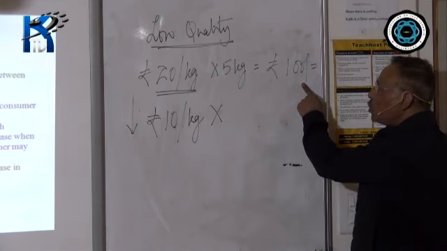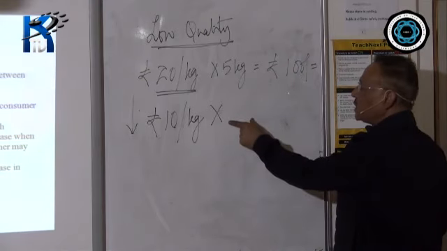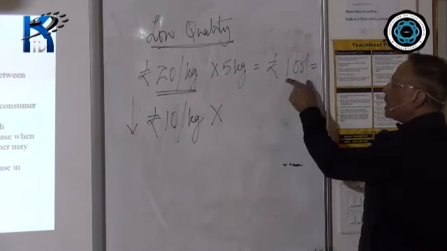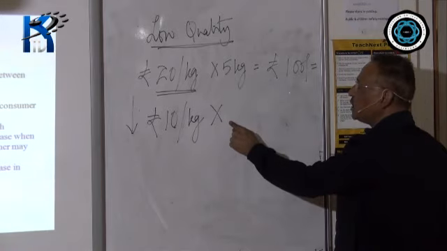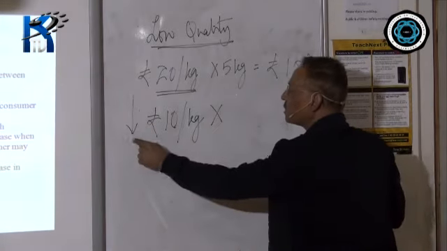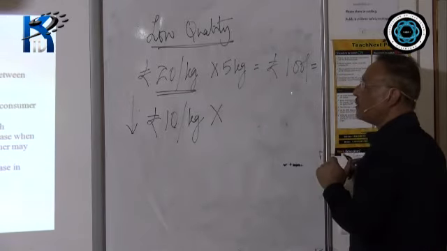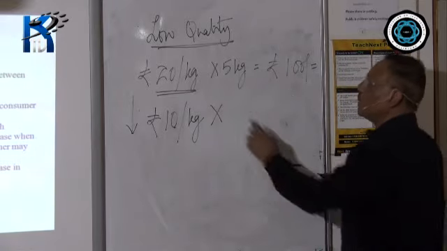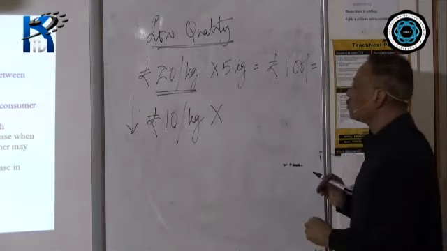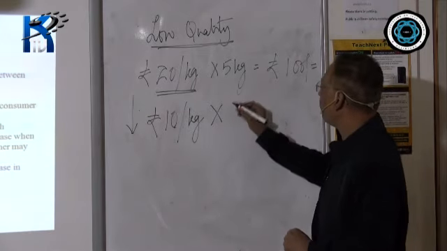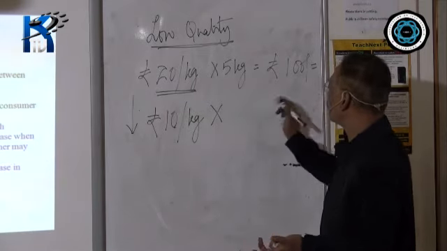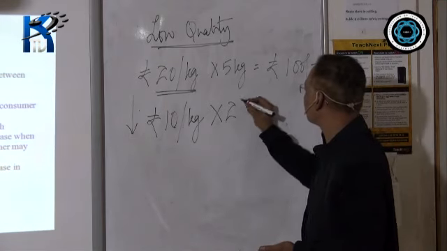I've got to spend 100 rupees, so I'll buy 10 kgs, 10 tens are 100. No. When the price falls, for inferior goods like low quality rice, you tend to buy less when the price falls. So if you bought 5 kg before, now you might buy just 2 kgs.